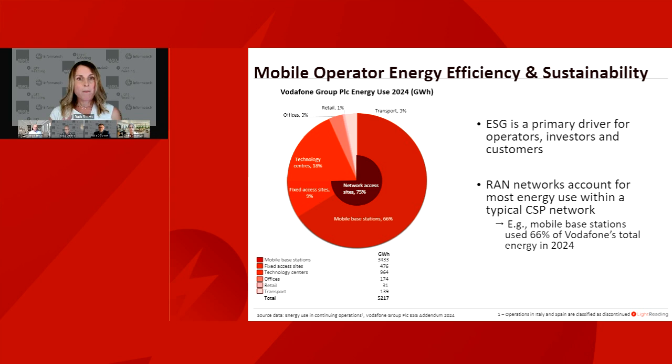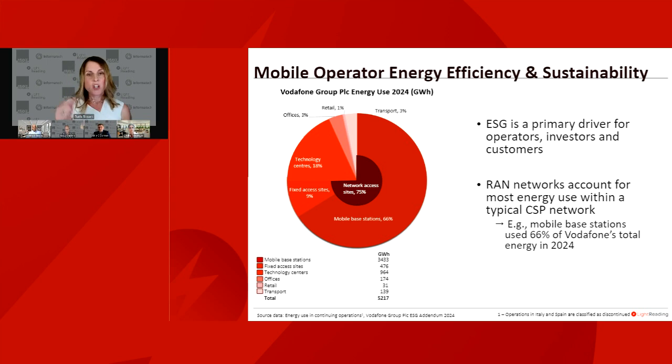Measuring a business's impact on society and the environment is now a really top priority for operators, along with ensuring they have full transparency and accountability. This is becoming really important to both investors and customers as well. Part of ESG tracking is documenting the energy usage.